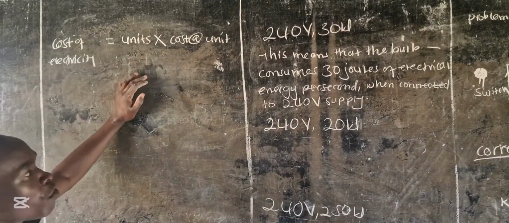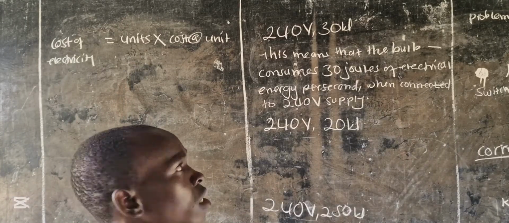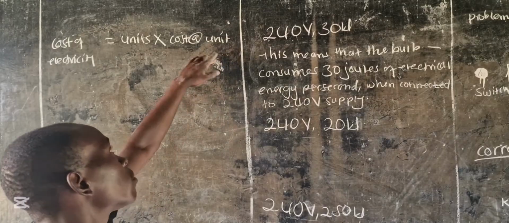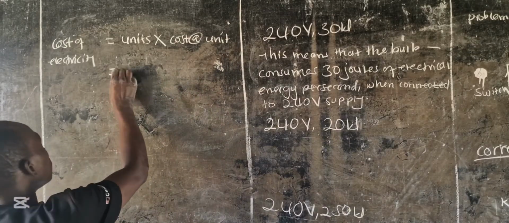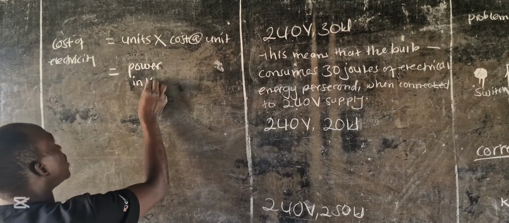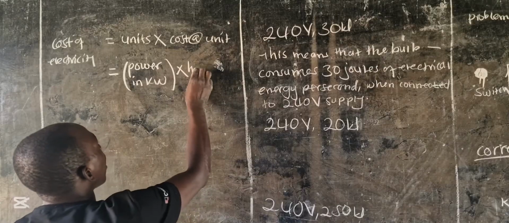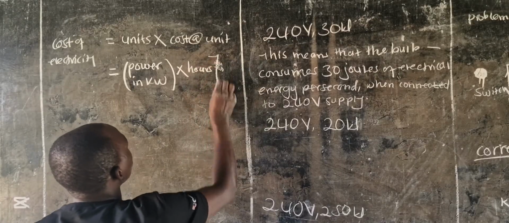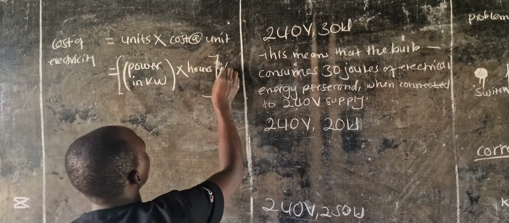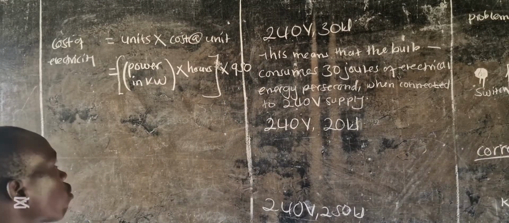But units themselves are power in kilowatts times hours. Then after that, times the cost. So this is the same as power in kilowatts, then times hours. Then finally, this times the shillings, which is 950, the cost of each unit.